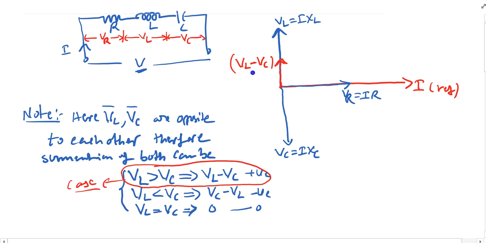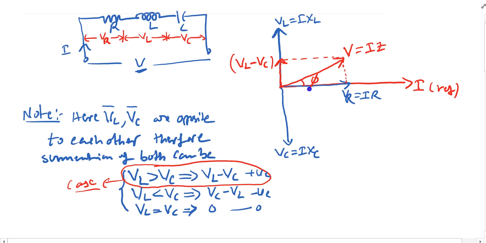Now after getting this, if you add this vector with respect to your VR vector, then you are going to get the supply voltage vector, which is nothing but I into Z, where the supply voltage and my current have an angle, phi.